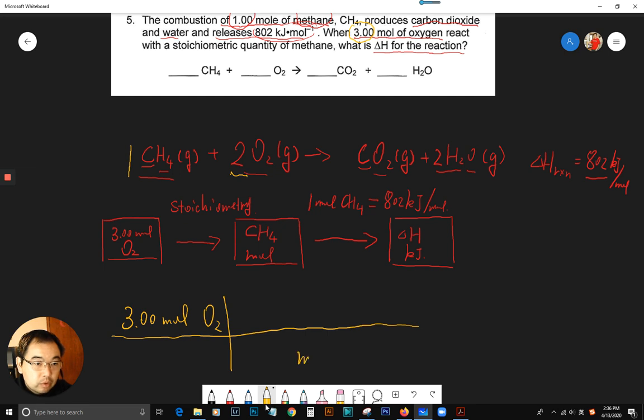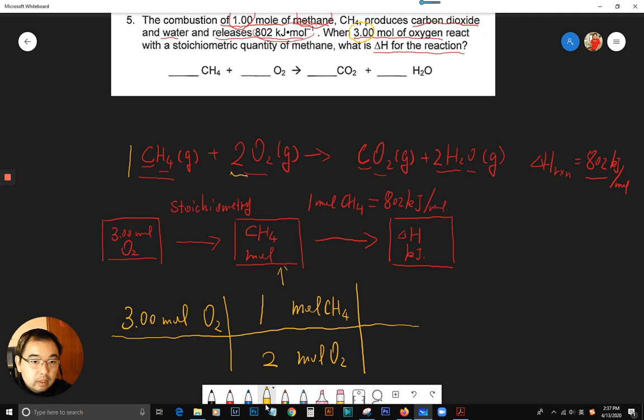So we put the moles of oxygen on the bottom, and we put the moles of methane on the top because we're looking for the moles of methane. So after this step, you have figured out the moles of methane.